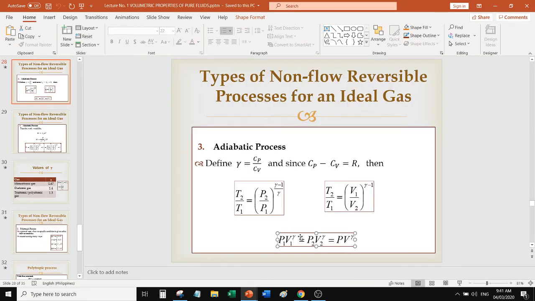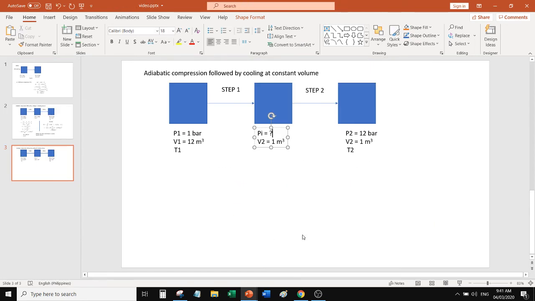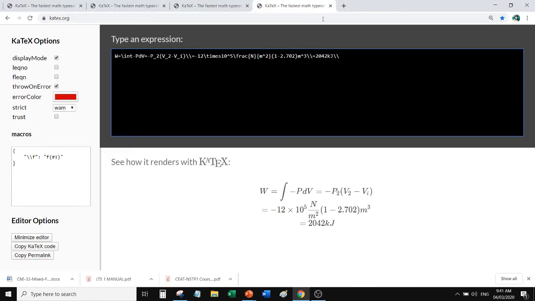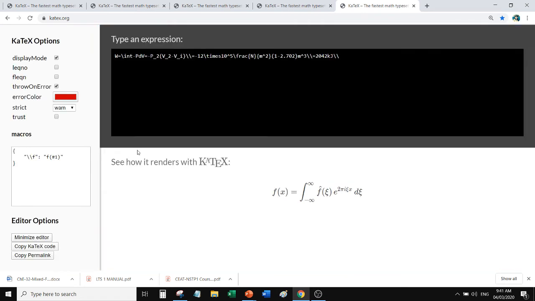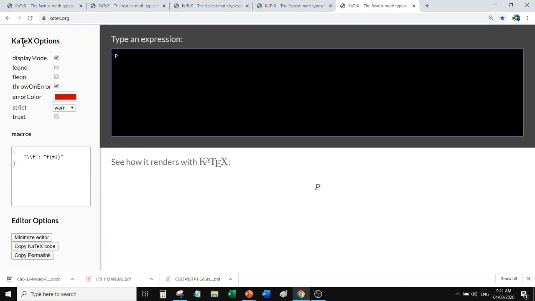So from here, derive the equation for the intermediate pressure. I will skip the derivation, but it's very easy. Just do what we did from the last part of the past problem.